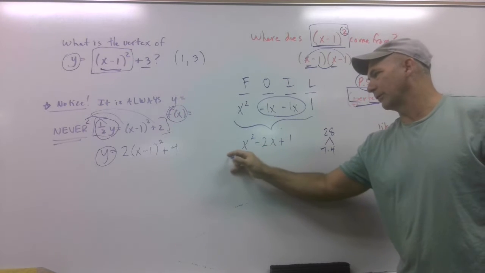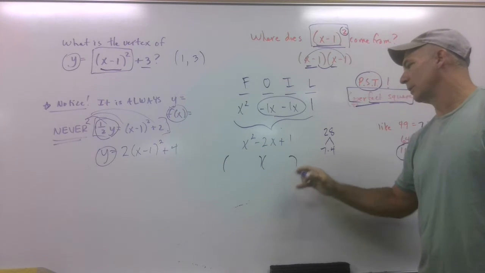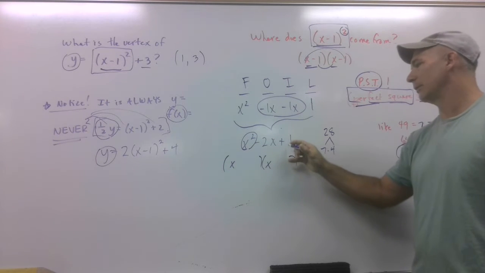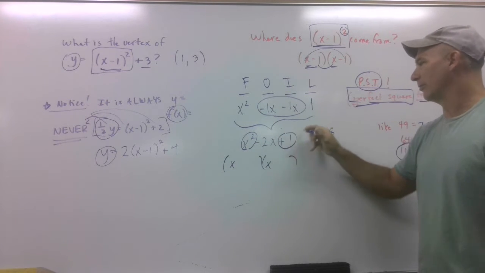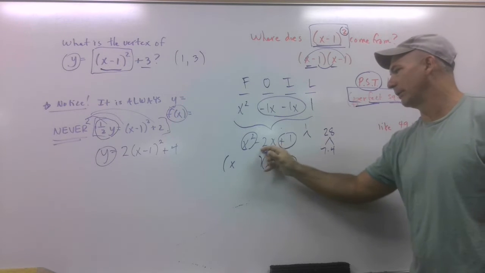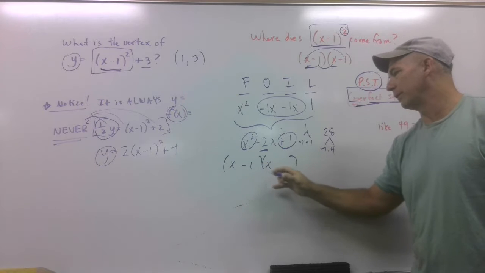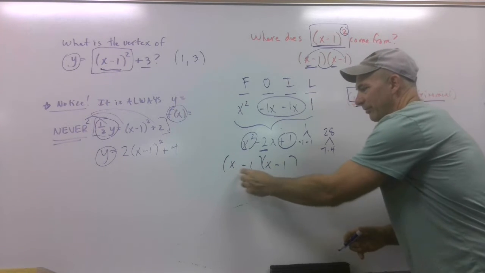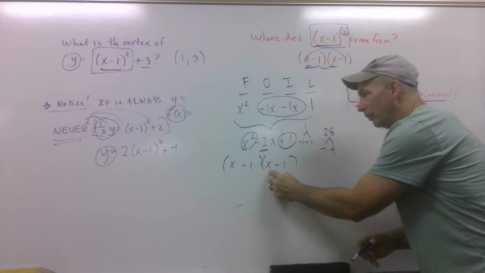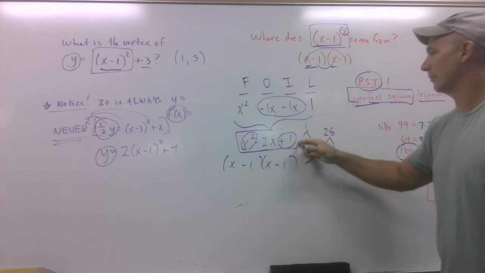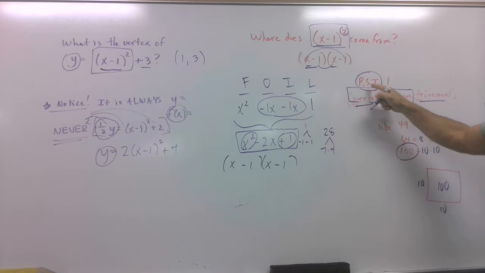So let's factor this out. So we go like this. We know because this is x squared, this would be an x and an x. What are two factors of this number that add up to this? It'd be negative 1 and negative 1. So I put a negative 1 there and a negative 1 there. Notice these are the same. So this trinomial right here is considered a perfect square trinomial.